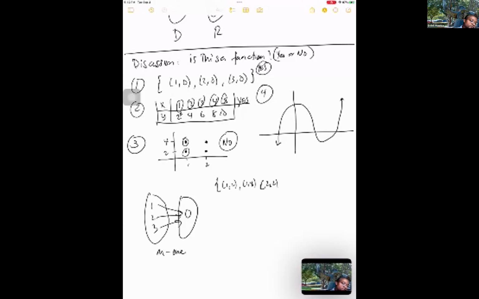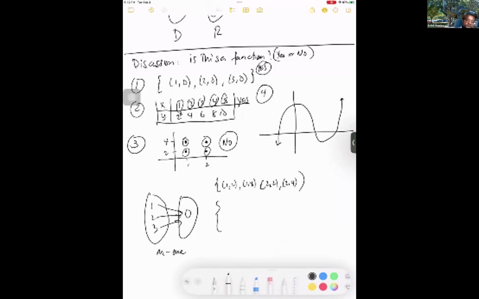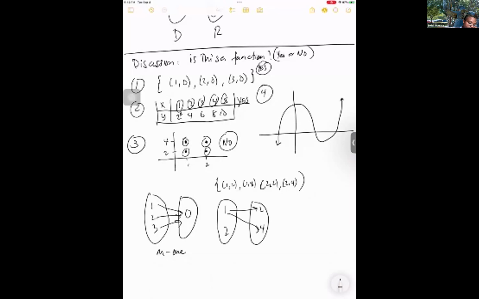So 1 gets mapped onto 2, and 1 gets mapped onto 4. And so that's a one to many. And as we know, that's not a function. One element gets mapped onto many elements, right?